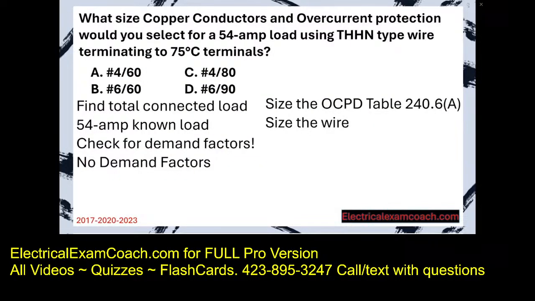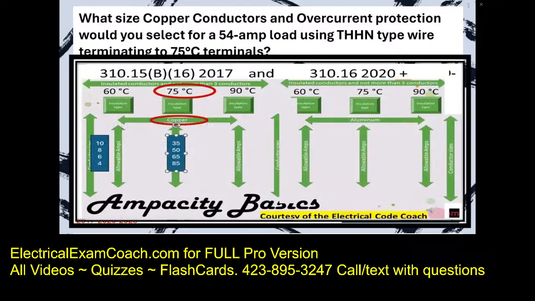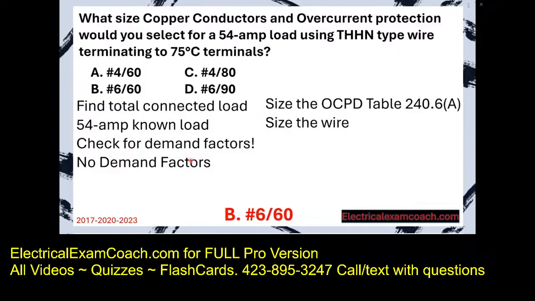For that, we're going to head to our primary ampacity table. We're going to start on the left-hand side and make sure that we're on the copper side because our question asks for copper. And we're in the 75 degree C column in this case. We're going to slide down and find a wire that covers the known load of 54 amps, and we're going to select a 6-gauge wire on a 60 amp overcurrent device.